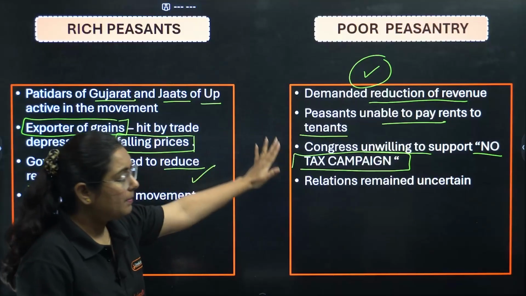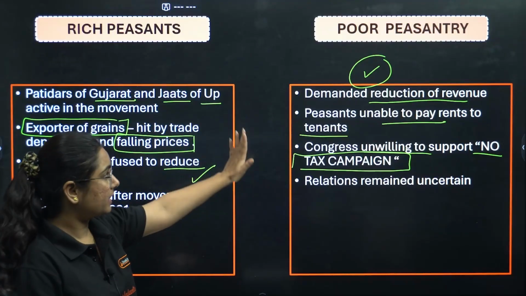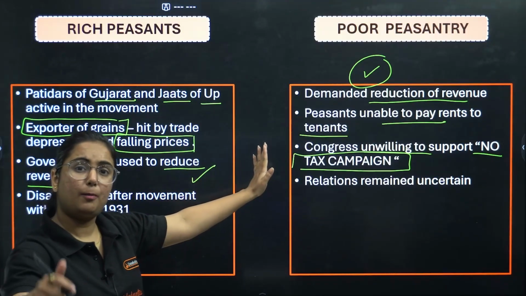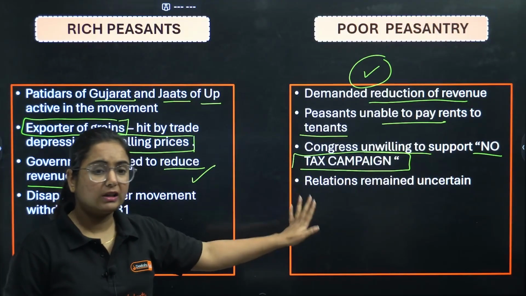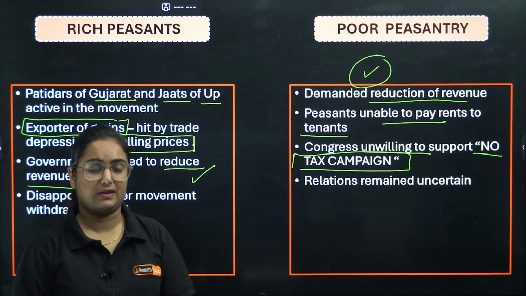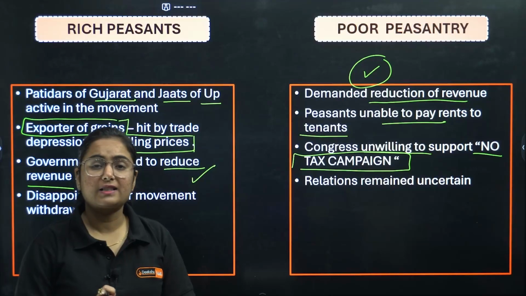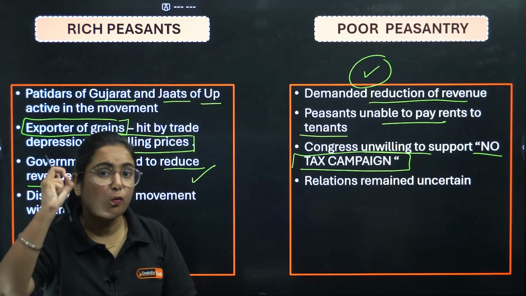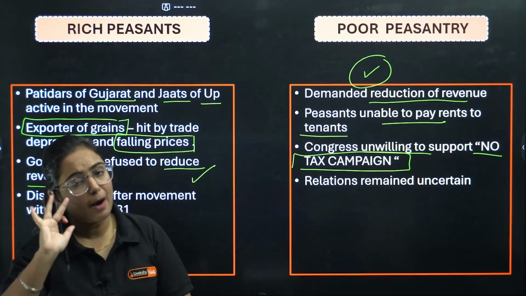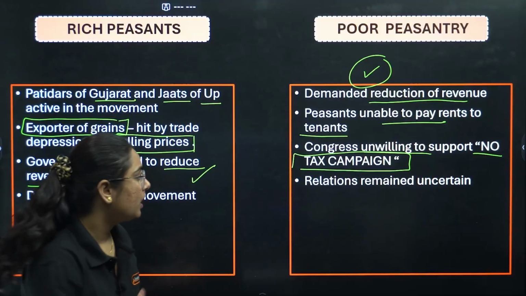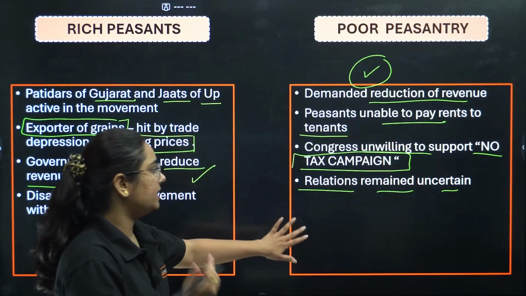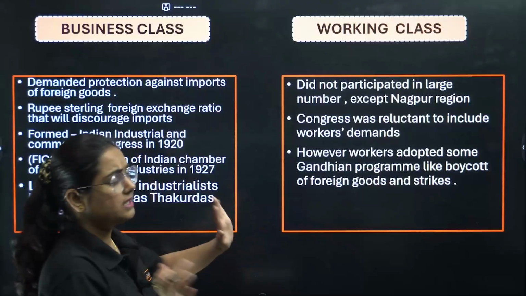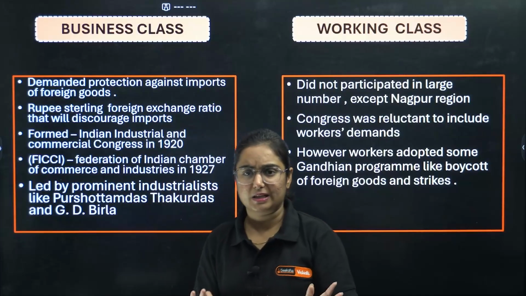However, poor peasantry was also supported, but everything was supported, leaving one thing, that is the no tax campaign, because they thought that when the no tax campaign was followed, there was widespread violence, and Congress was opposed to violence. Relations remained uncertain. In some areas there was active participation, however in some areas there was less participation.